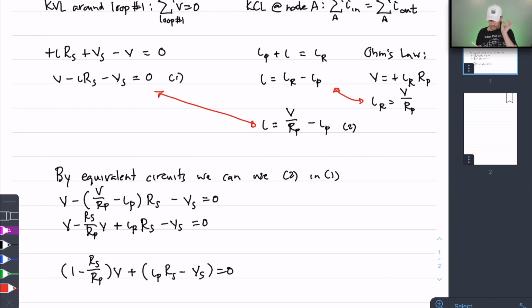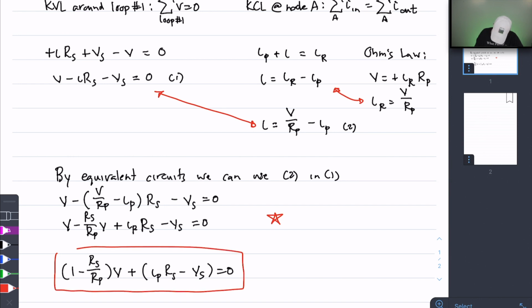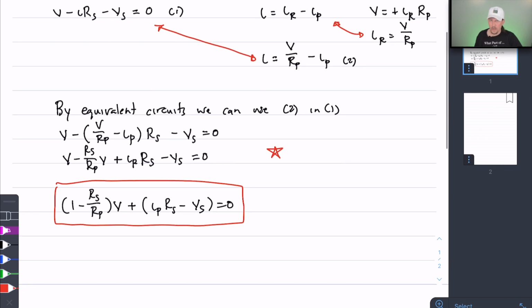Now, this is the key step. This is the major step, right? This is one of the reasons why I'm starring it. This equation that we have here, let me box it as well. For what values must this equation work?